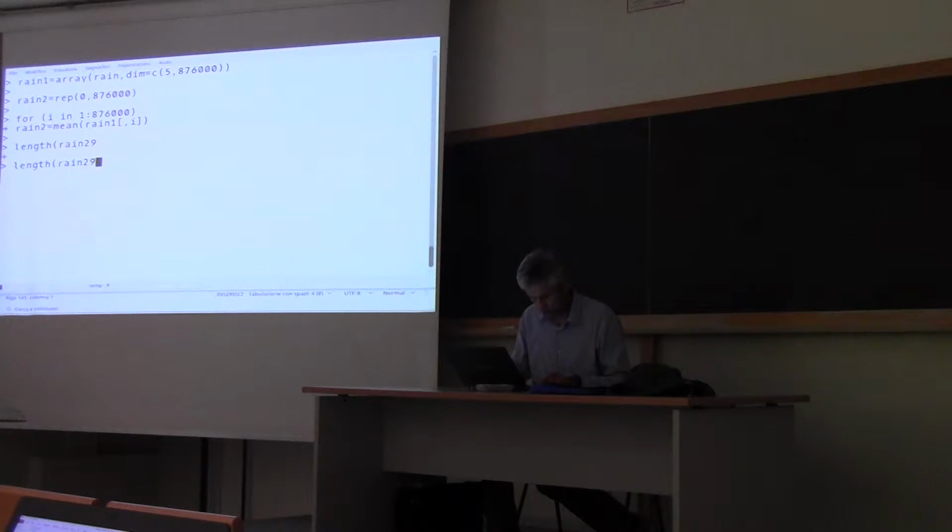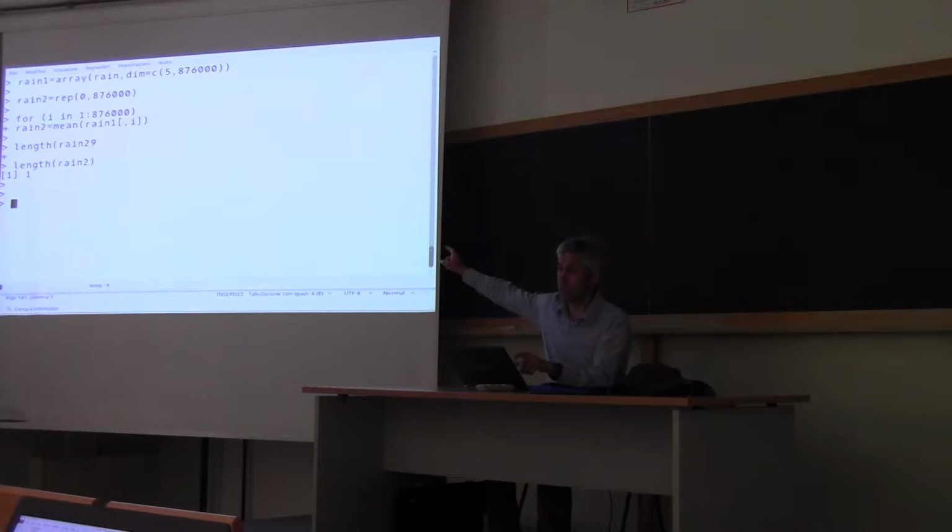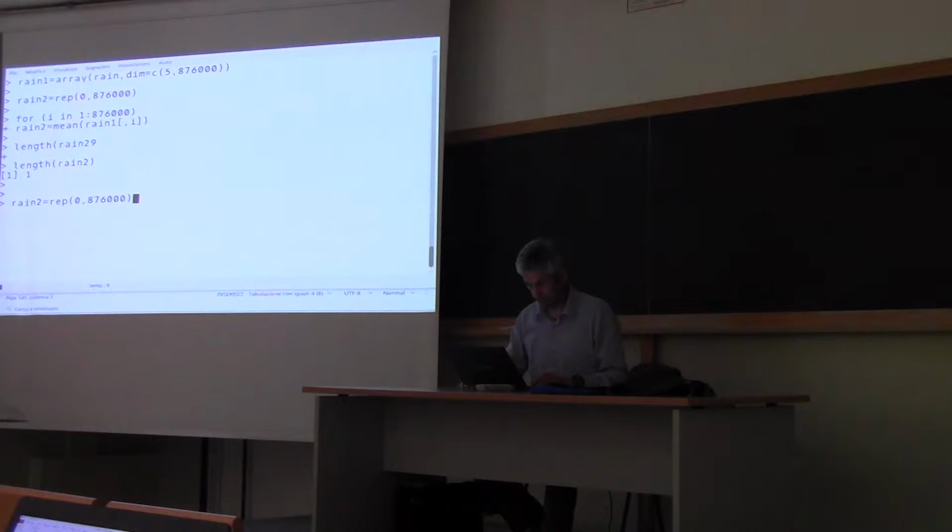Sorry, I made a mistake in the fourth cycle because I need to put an I in the vector. So let me redefine the vector again, and then again the fourth cycle. You see that the check is always a good idea.